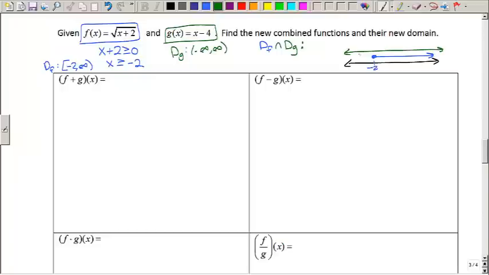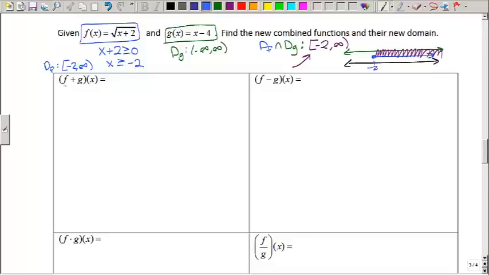But again, this is a combined party here, and we only want values that satisfy both the blue and the green functions, and the only part that would satisfy both would be from negative 2 until infinity, because both lines are satisfied in that interval. So all of the combined functions that we're going to find in the next 4 examples have a beginning domain of negative 2 to infinity. Then we have to exclude any new bad values.